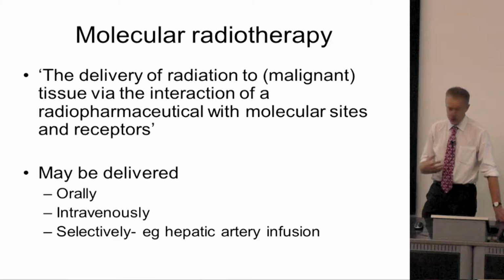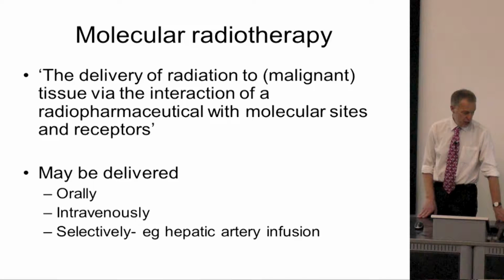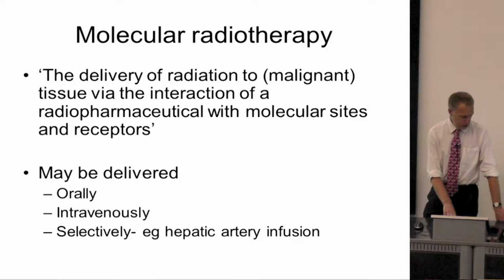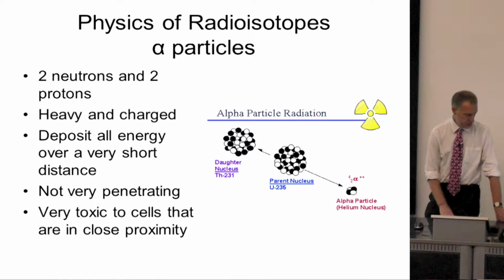Sometimes it's a capsule to swallow, sometimes it's given intravenously, and sometimes it's selectively inserted into a particular part of the body. So, for example, if we're treating liver metastases, sometimes we actually put a catheter into the hepatic artery and deliver the treatment straight into the liver that way. So you'll see as we go along the variety of different ways of giving the treatment.